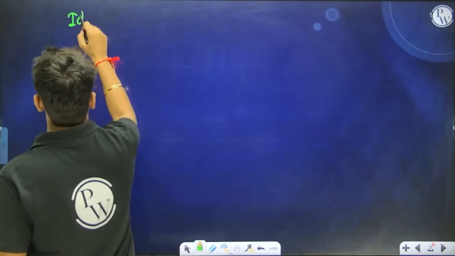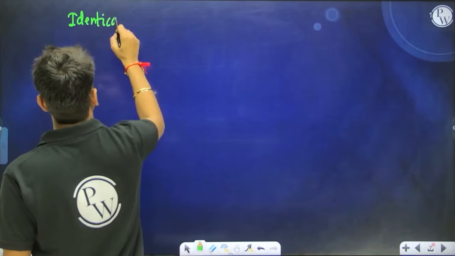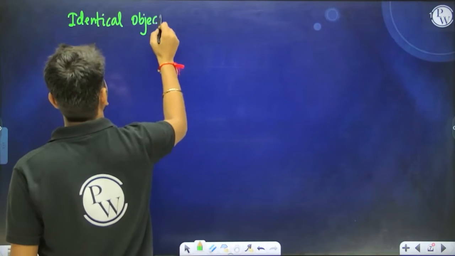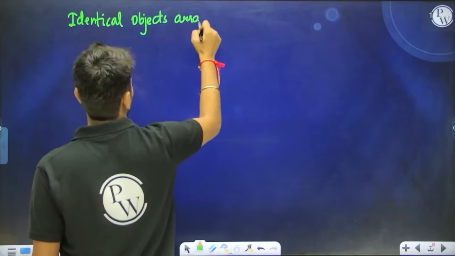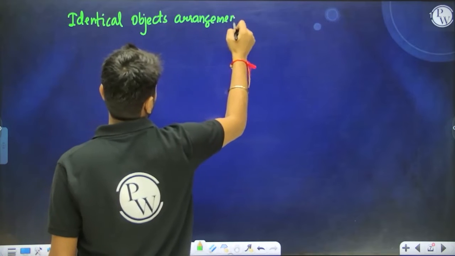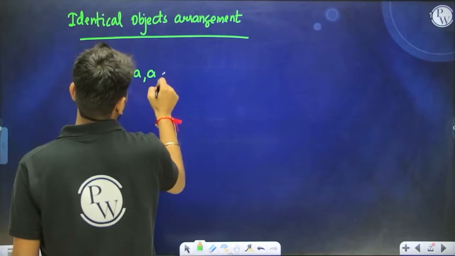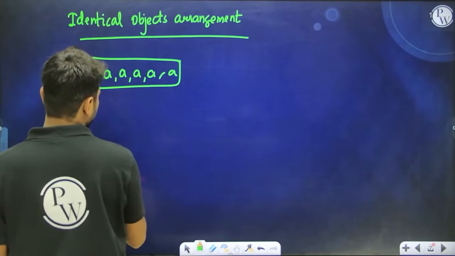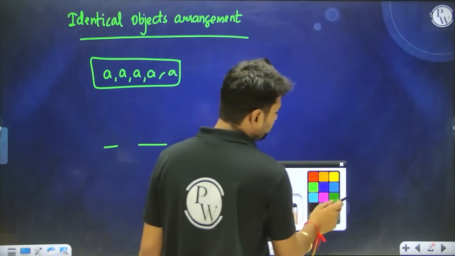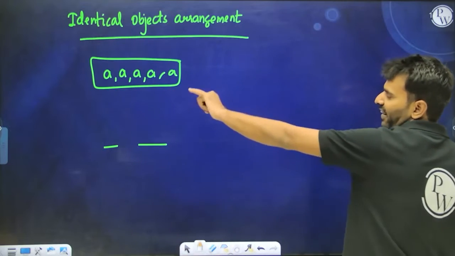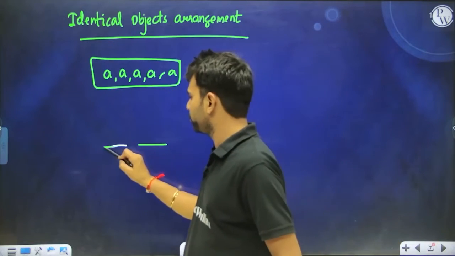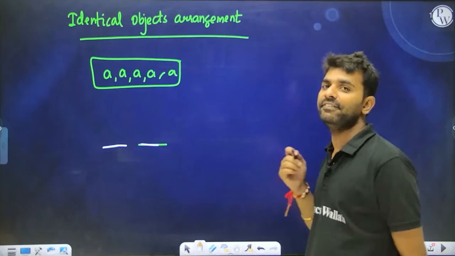Identical objects arrangement. Let's say I have been given A, and I have been given these two places, and out of these 5 A's available, we have to choose 2 A's and then arrange them.